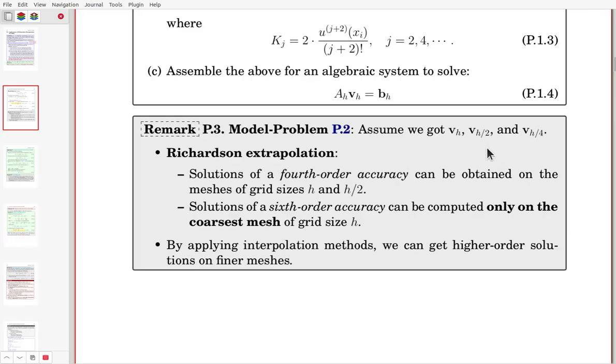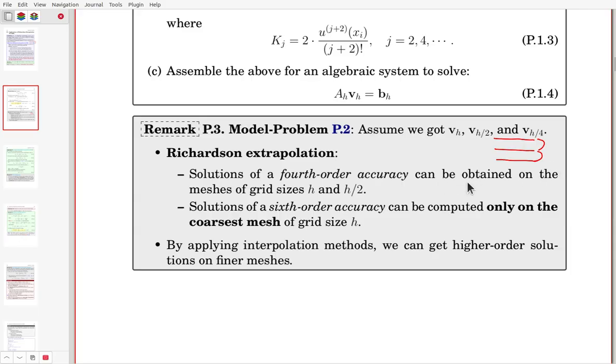So we have three different levels here, here, and here. Once we apply Richardson extrapolation, we get solutions of fourth order accuracy. Now, these are second order. So the fourth order accuracy will be obtained through this Richardson extrapolation.